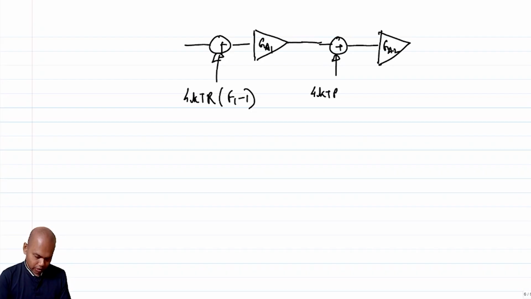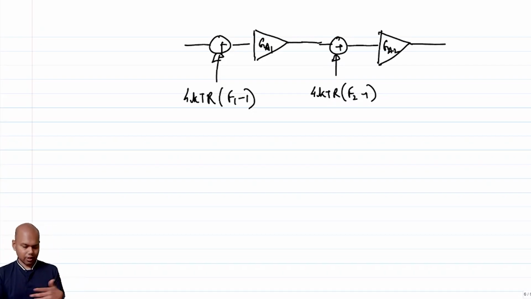This is 4 KTR times F2 minus 1, and again you have a matching resistor and everything, right? So we assume this is what it is.